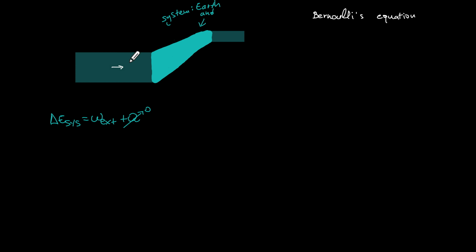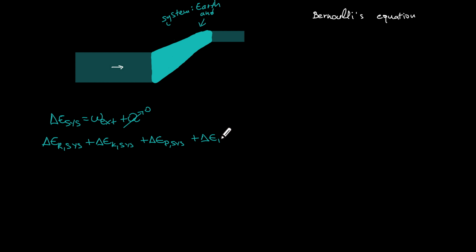And also, for a system here, I will define the system to be the earth and also this part of the fluid. We have seen that we will write the change in the energy of the system as delta E rest plus kinetic plus potential.